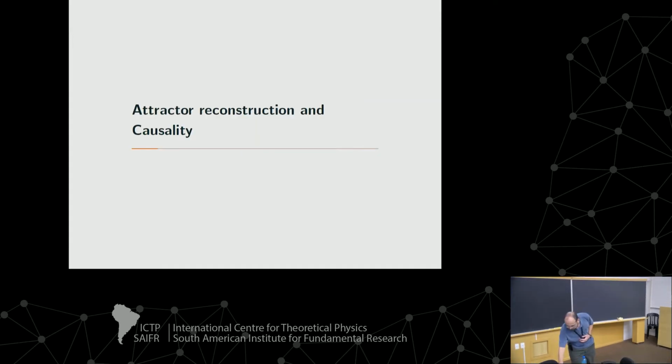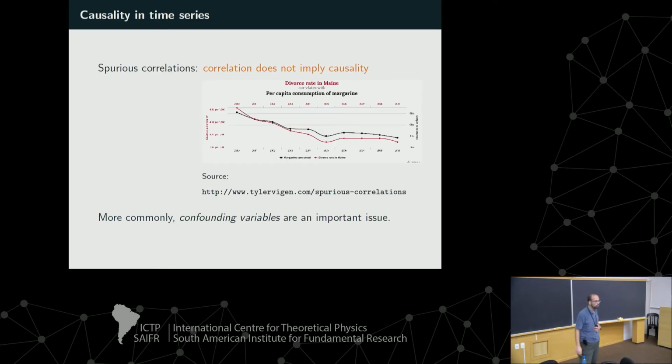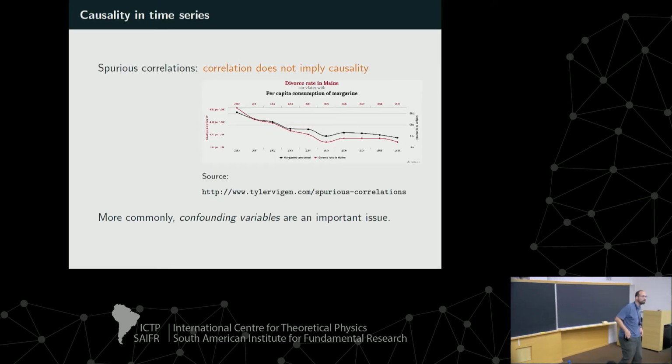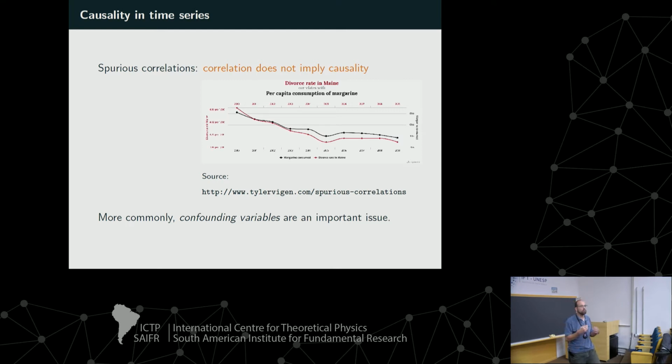So first, I want to show you what you do if you want to infer causality only by looking at data, right? Of course you can use correlation, but everyone knows that correlation doesn't imply causation. What can you do instead?